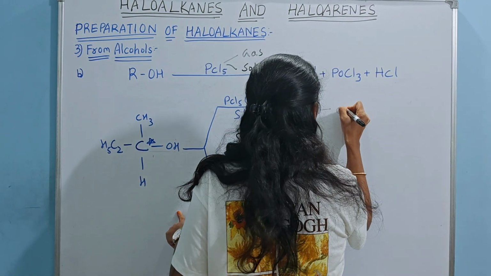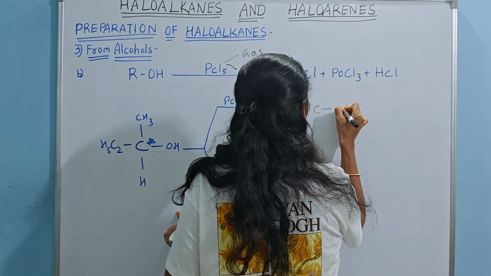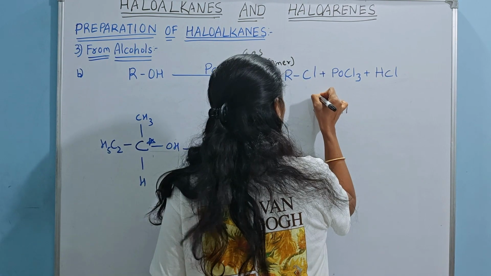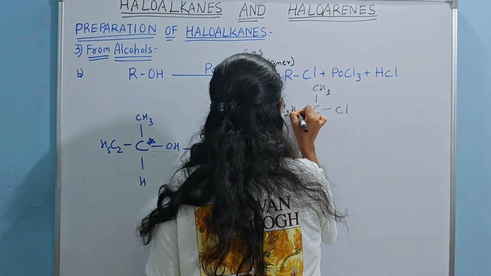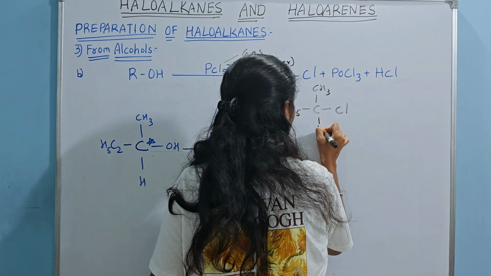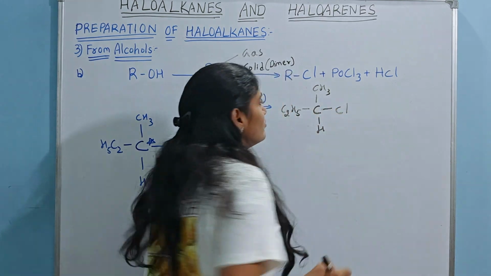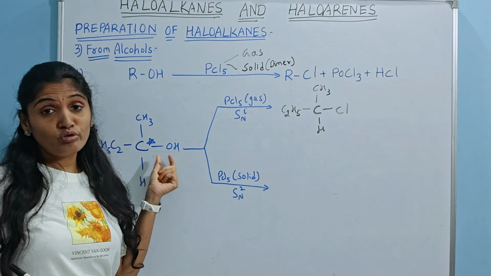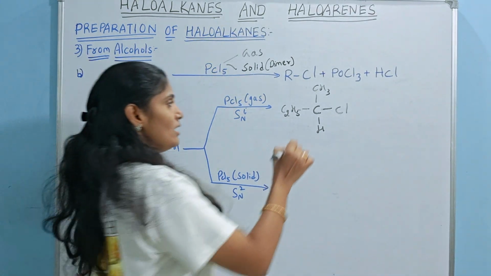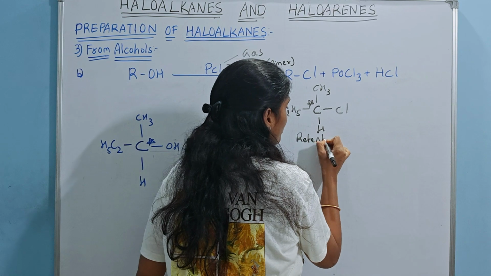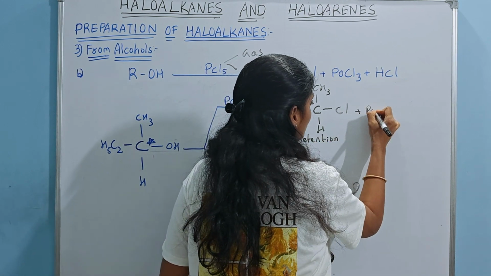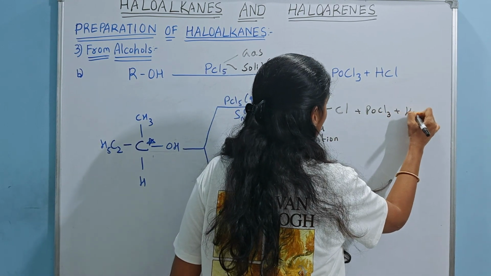So Cl will come and attack and take the position of OH which was previously there. Now the remaining groups will remain the same: CH3, C2H5 here and hydrogen here. So chlorine is there in the same position as OH was before. So I can say my configuration has been retained. So this is my retention, plus POCl3 plus HCl as usual.